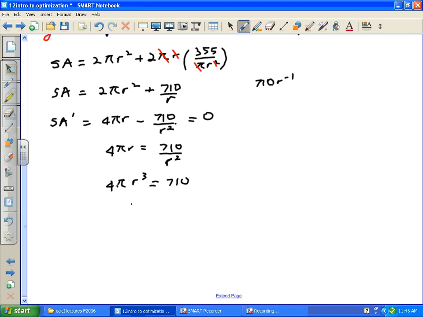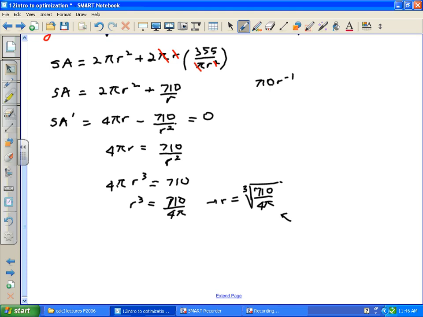Now divide both sides by 4 pi. So we have 710 divided by 4 pi. And finally, take a cube root. So r equals the cube root of 710 divided by 4 pi. As I was going around the class this morning and answering some questions, I noticed a lot of people made a mistake entering this into the calculator.